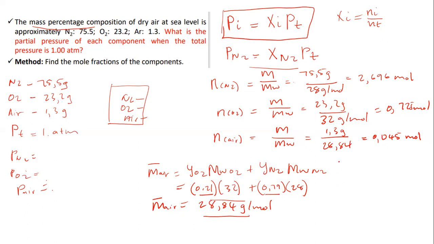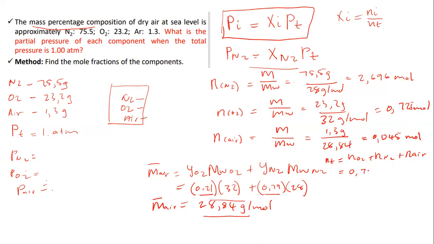So to determine the total number of moles, you're going to say total number of moles is equal to the number of moles of oxygen gas plus the number of moles of nitrogen gas plus the number of moles of air. Our oxygen gas number of moles, 23.2 divided by 32, we said it's 0.725.